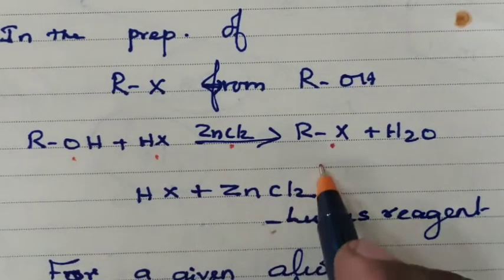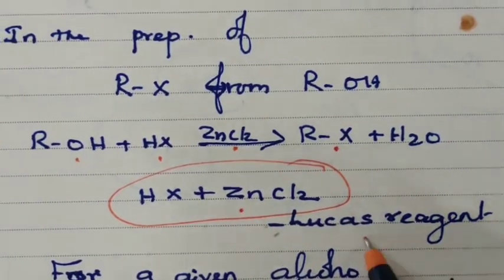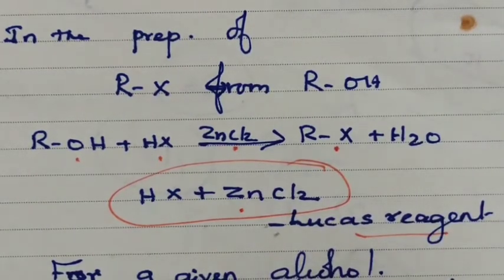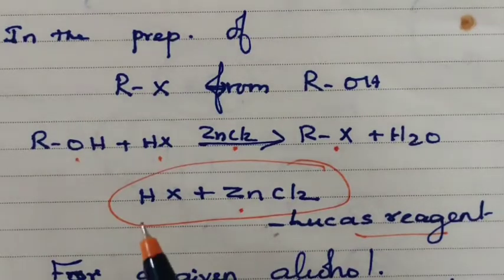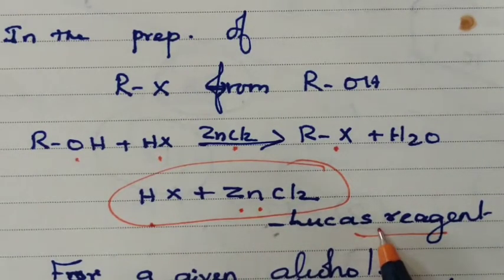In this, the mixture of hydrogen halide and anhydrous zinc chloride is known as Lucas reagent. But what is the Lucas reagent? A mixture of hydrogen halide and anhydrous zinc chloride is known as Lucas reagent.